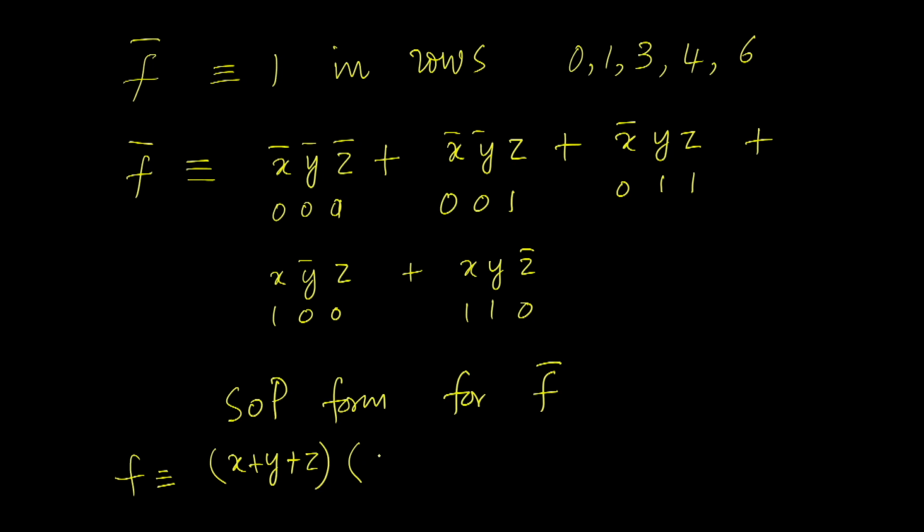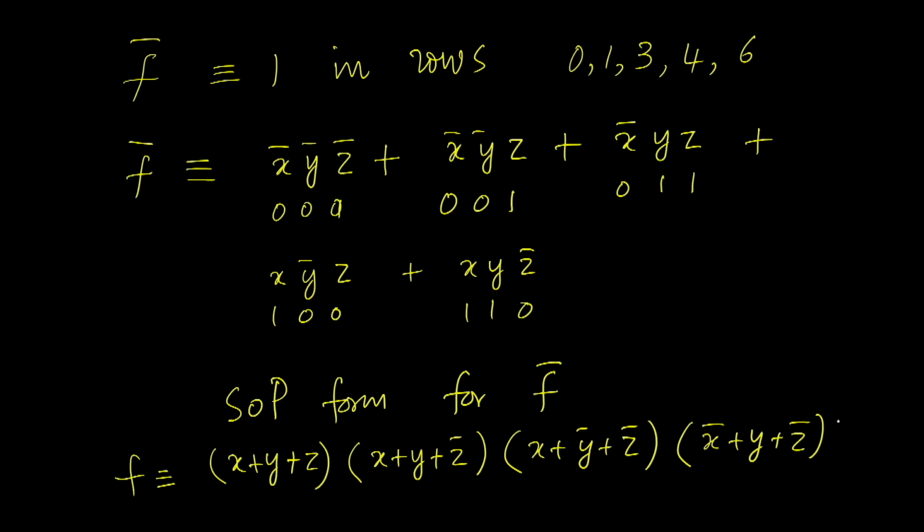The complement of x bar, y bar, z would be x plus y plus z bar, and the complement of x bar, y, z would be x plus y bar plus z bar, and the complement of x, y bar, z would be x bar plus y plus z bar, and the complement of x, y, z bar would be x bar plus y bar plus z.